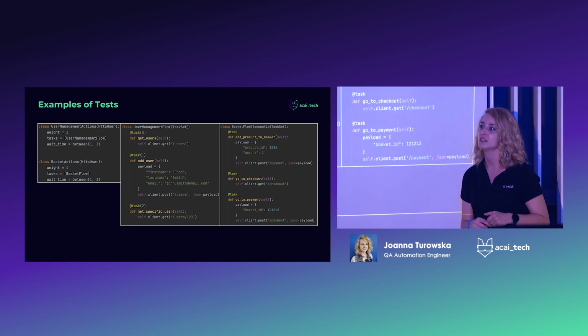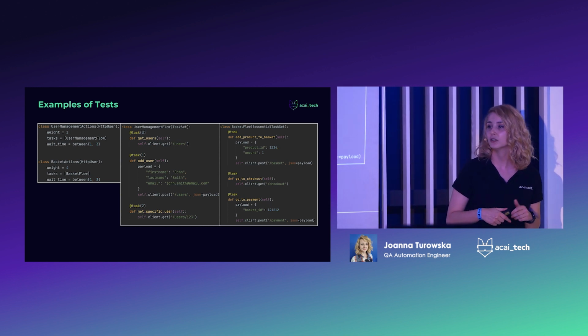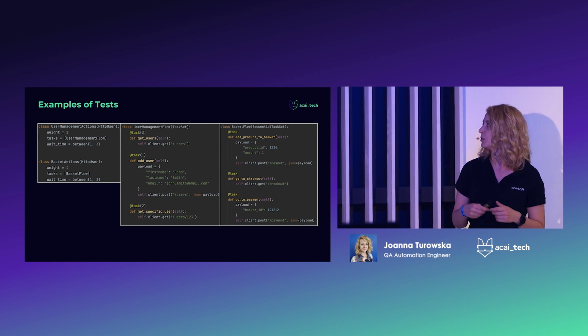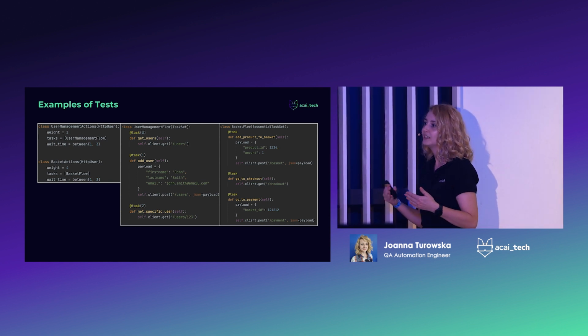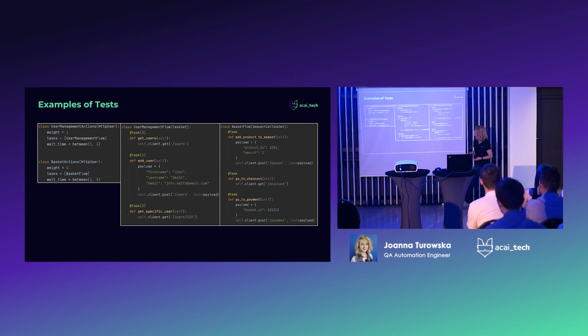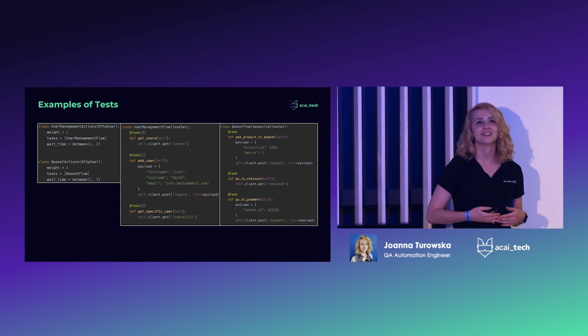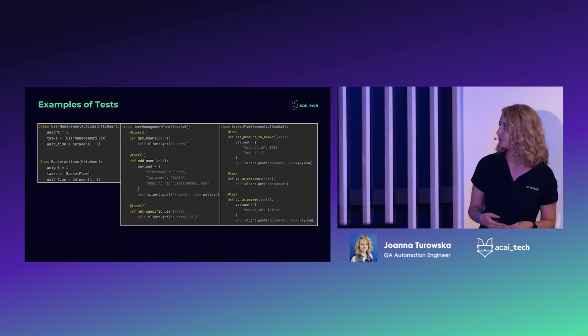This value is a weight, so it also means that this task will be executed at a given frequency. For example, get users will be executed 3 times more than adding a user. It's a really nice option because it can help us create the real flows, create tests that actually reflect the behavior of the users.